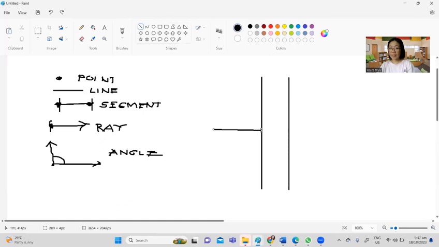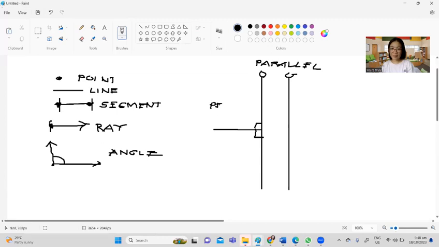When it makes a right angle, it is a perpendicular line. Remember, this line and this line are parallel. And this line, when they form a right angle, is called a perpendicular line. So we get two perpendicular lines.